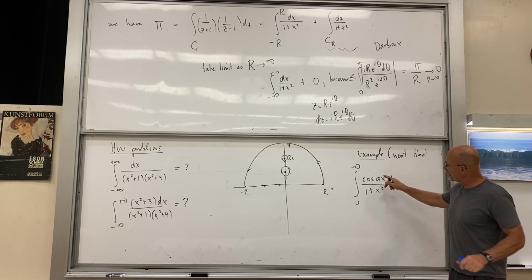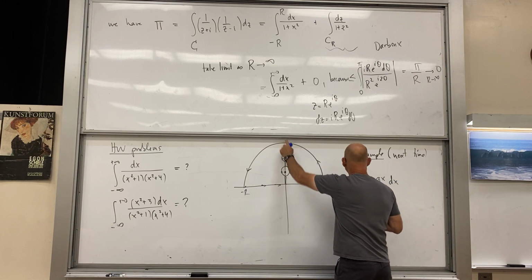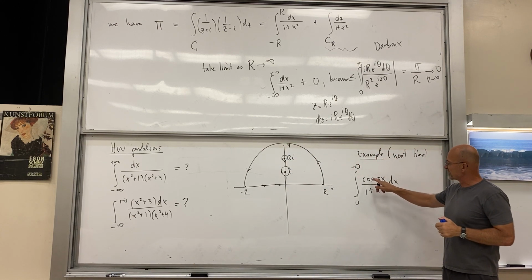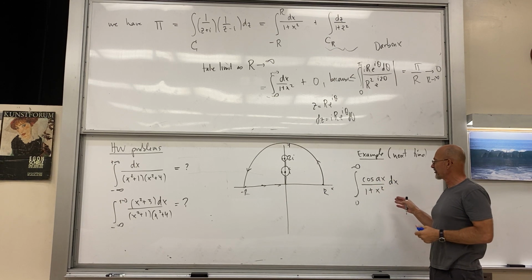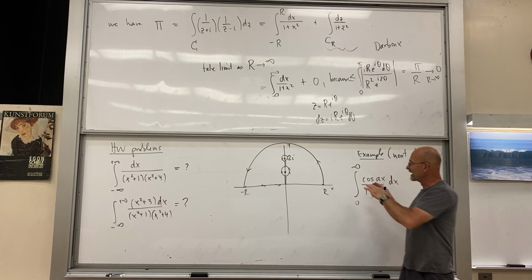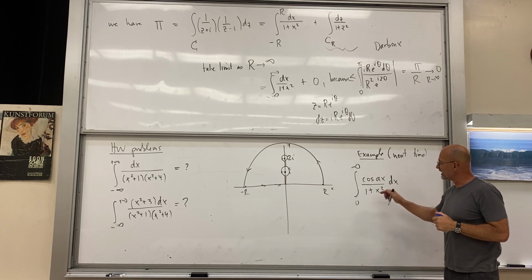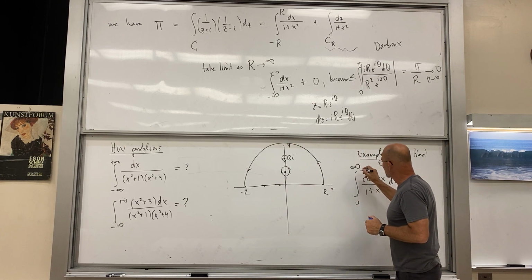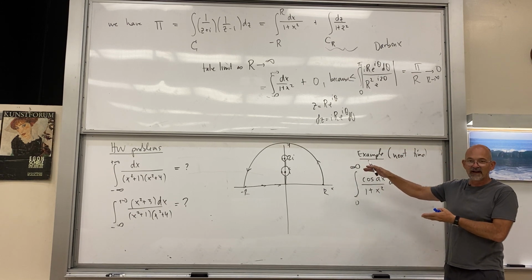However, with cosine in the complex plane, if you go up here with the cosine, you're going to find that it's actually the difference of exponentials, and they're not just getting small up here. For that reason, we need another theorem called Jordan's lemma that will give us a way to estimate these kinds of integrals.